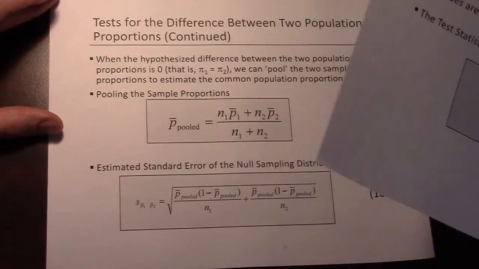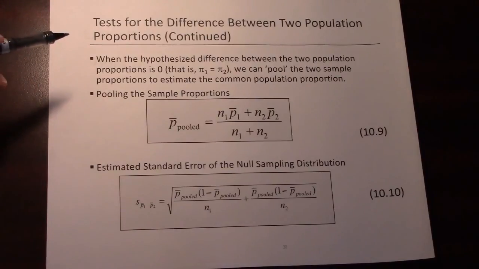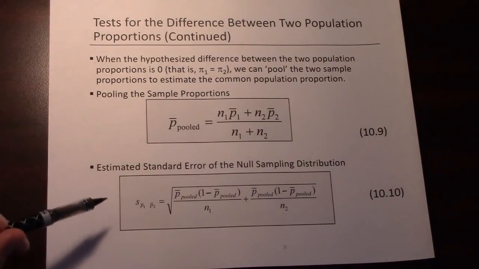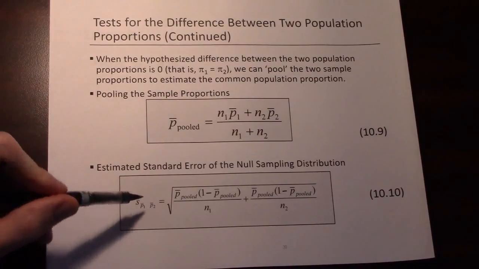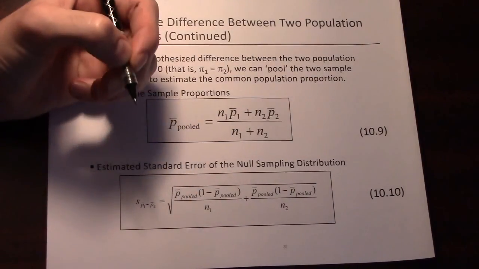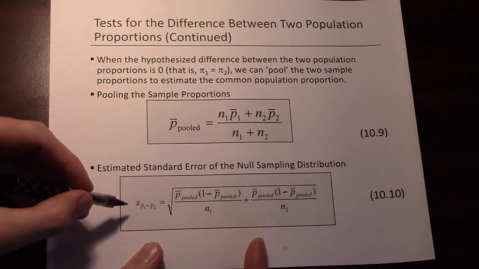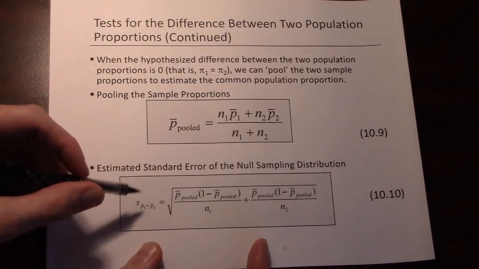The thing I need to talk about now is what we use for the standard error. When we're calculating this standard error, I guess we do have it. We have it down here. This is the standard deviation for the sampling distribution of the sample proportion differences.